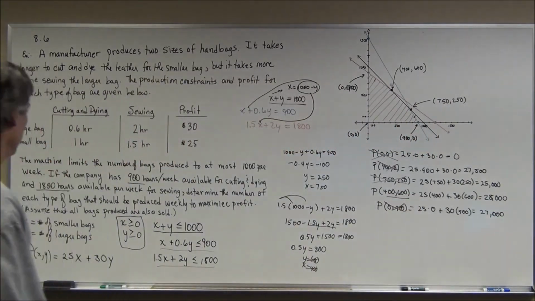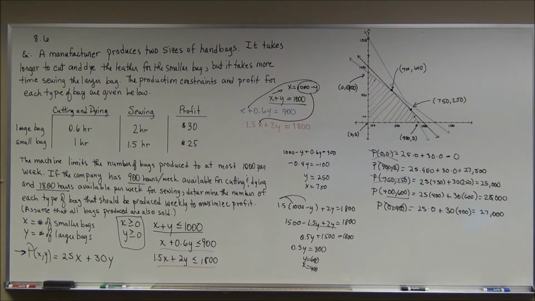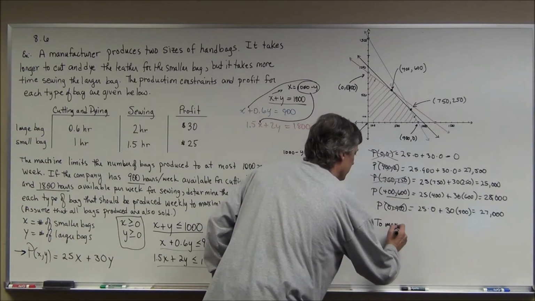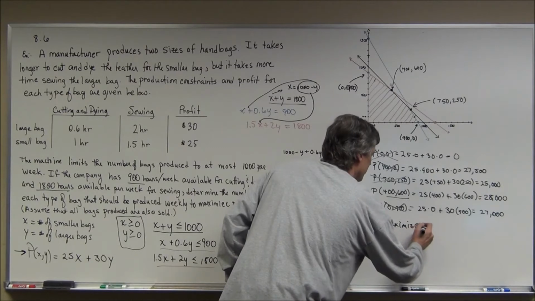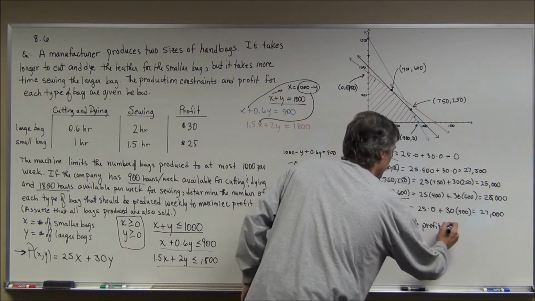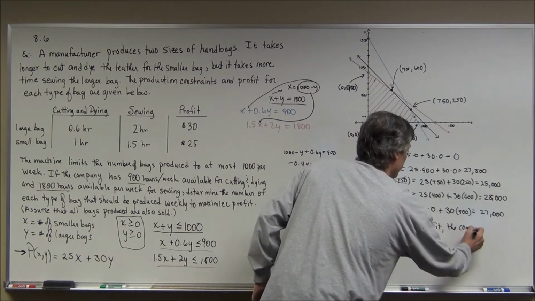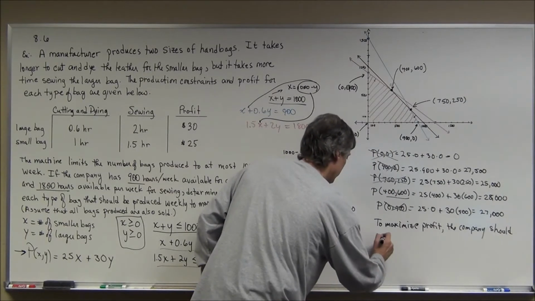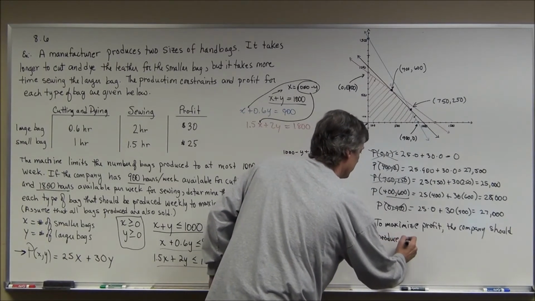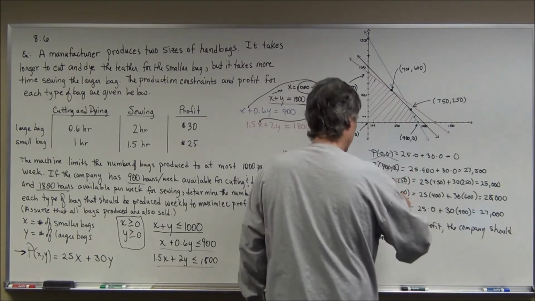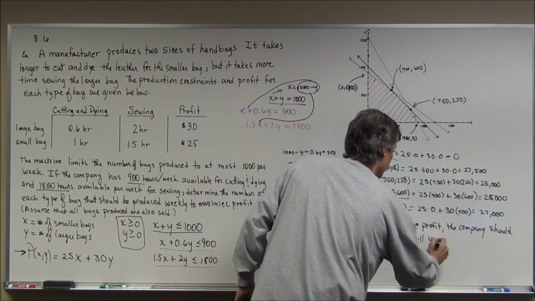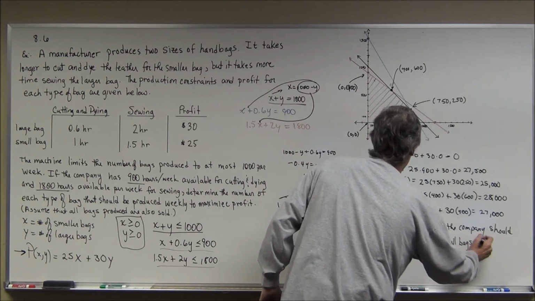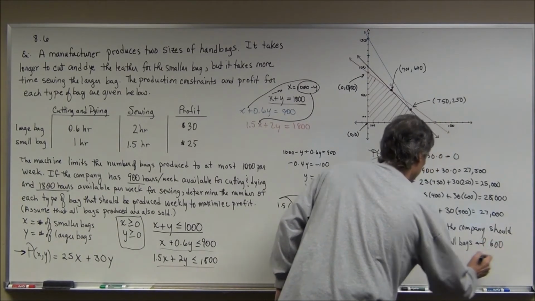Now the question says, how many of each type of bag should be produced to maximize profit? To maximize profit, the company should produce and sell 400 small bags, remember x for the small bags, and 600 large bags.